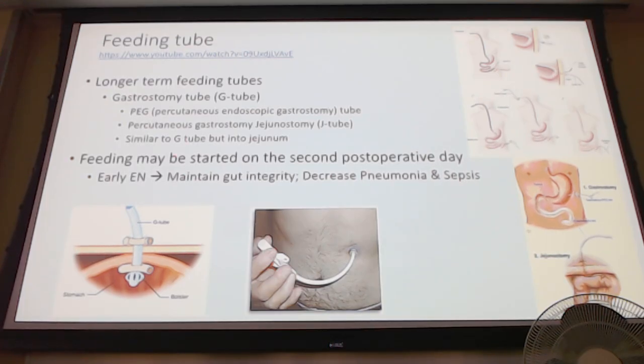Okay. G tube, surgically done. We do it open. We cut a little opening in the stomach, find the stomach, tack it up to the skin, put the tube in, close the skin. Okay. We can also do that with the jejunum. Normally that'll be in rare cases.